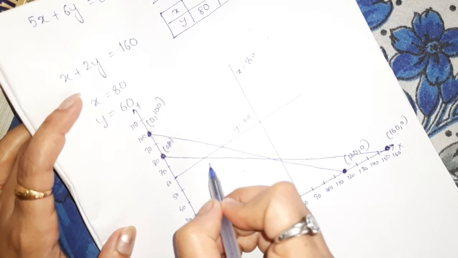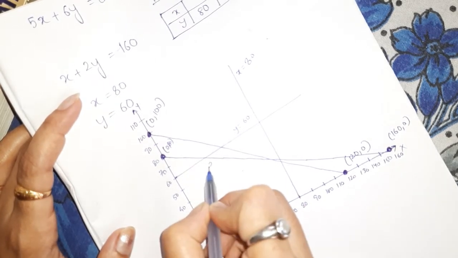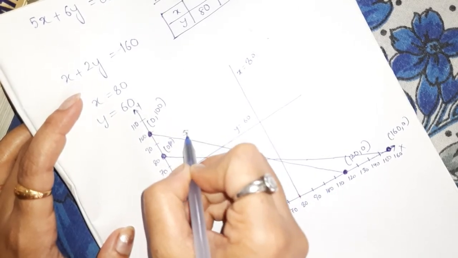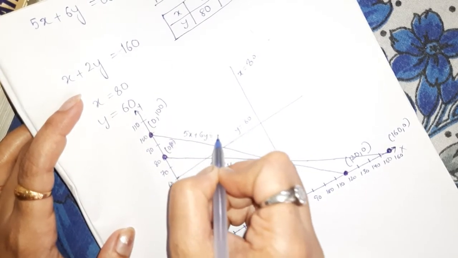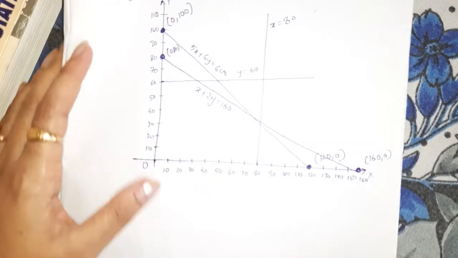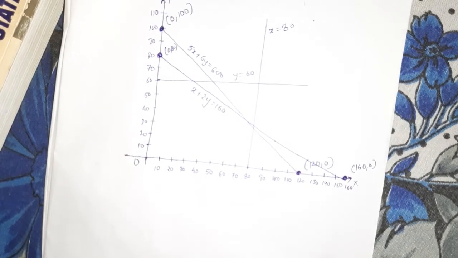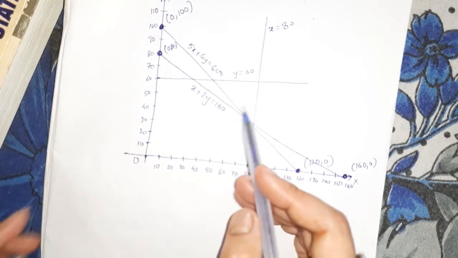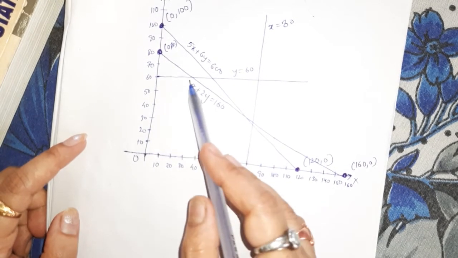Second, this one is x plus 2y equals 160. 5x plus 6y equals 600. Now we draw the feasible region. So this is less than or equal to both in the downward direction.